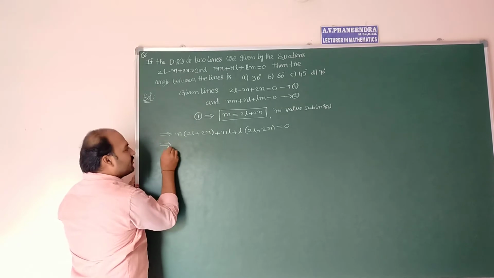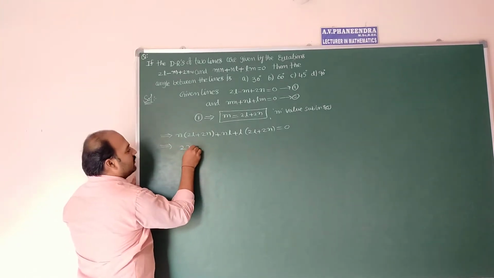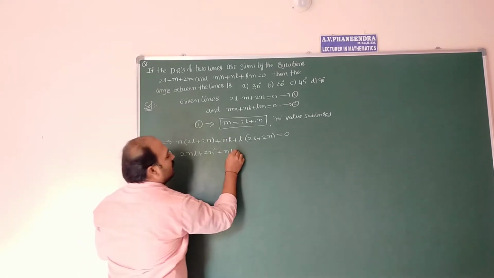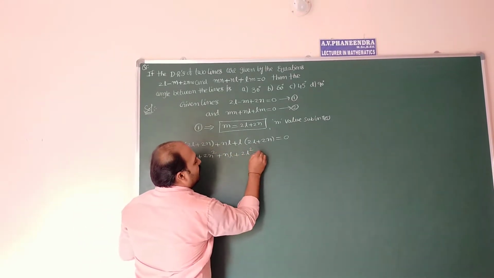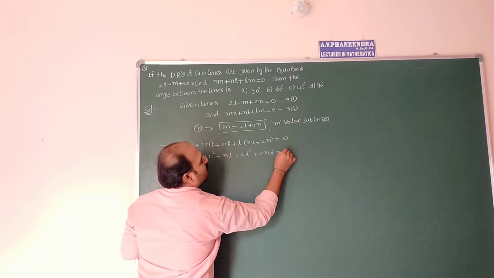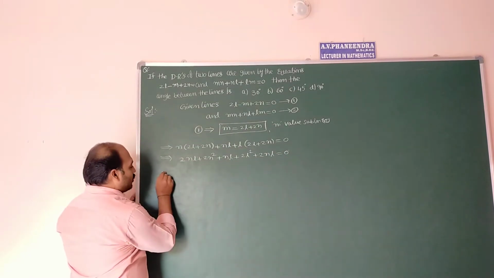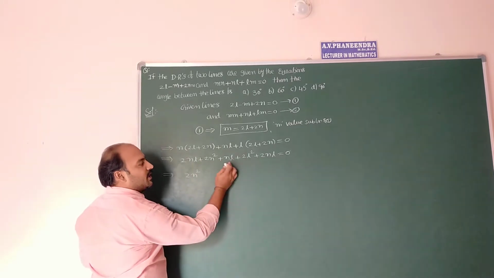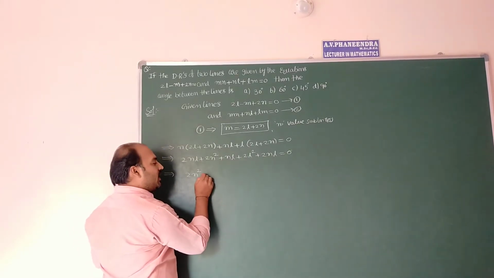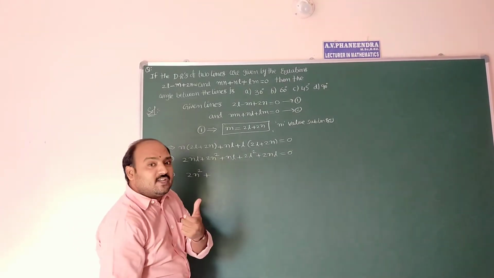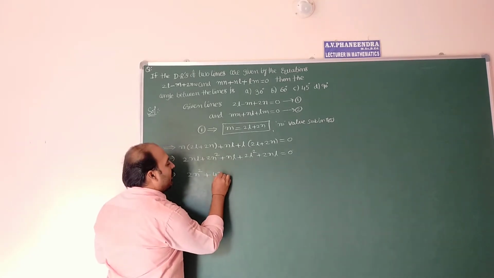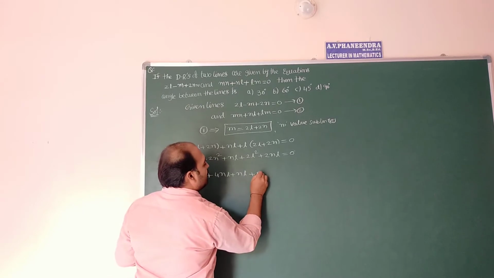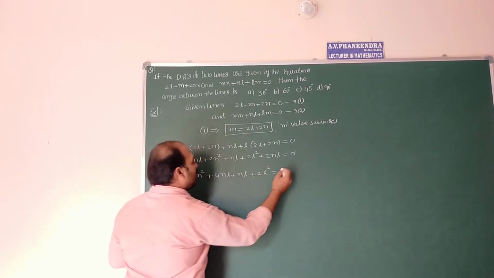Now simplification: 2NL plus 2N square plus NL plus 2L square plus 2NL is equal to 0. First 2N square. After that 2NL plus NL plus 2NL, so total 5NL. For the convenience of factorization, you have to write 4NL plus NL, plus the last term 2L square equal to 0.